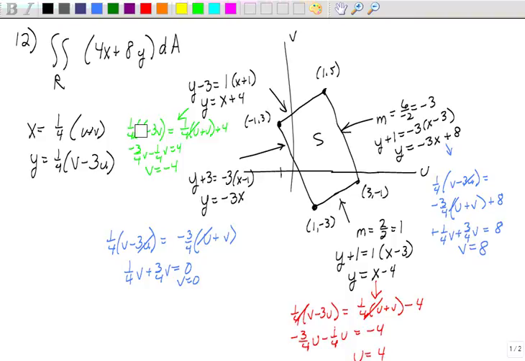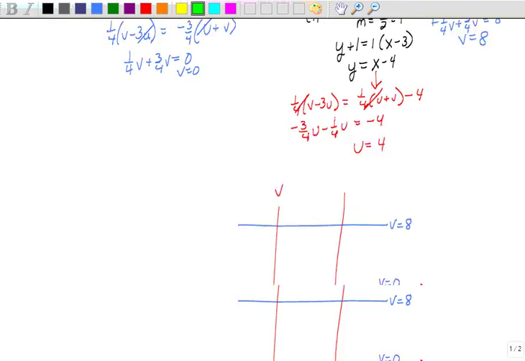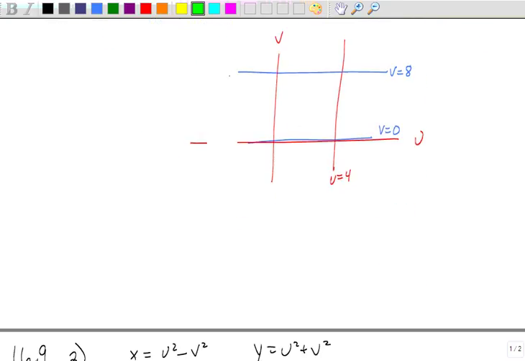Oh, that's u, I'm sorry. The v's are going to cancel out. So that translates here. So we have this rectangle.